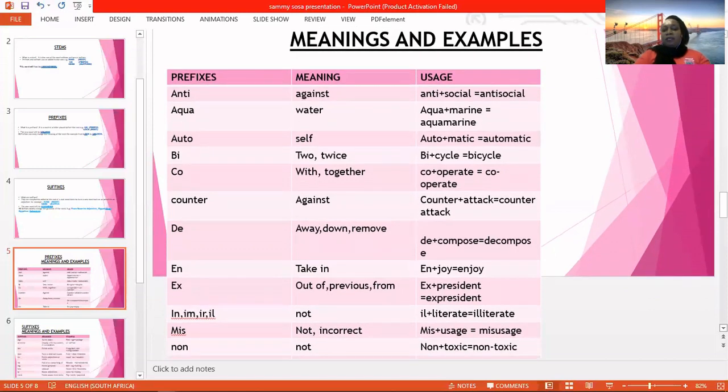Then we have non as a prefix, which means not. Non plus toxic will be non-toxic. And we have a list which is endless. I think it's the easiest which we can still remember from primary school.